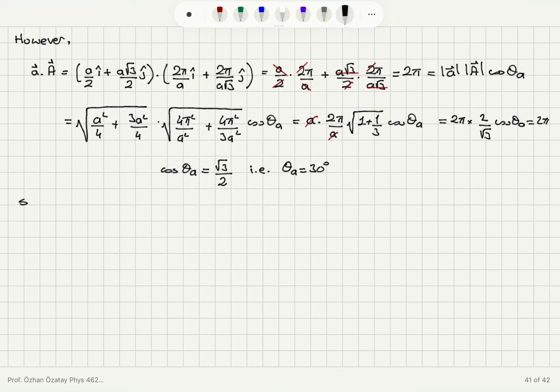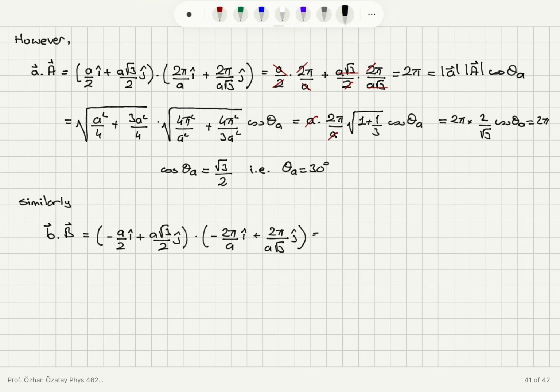And similarly, if I look at the angle between capital B and B vectors by taking the dot product, B dot capital B, it is minus A over 2 i hat plus A square root 3 over 2 j hat dot product with minus 2 pi over A i hat plus 2 pi over A square root 3 j hat.